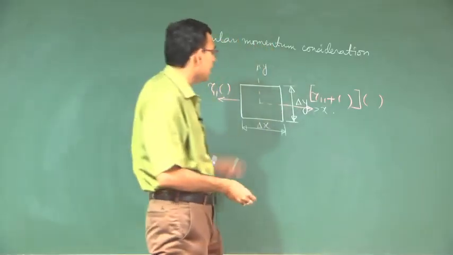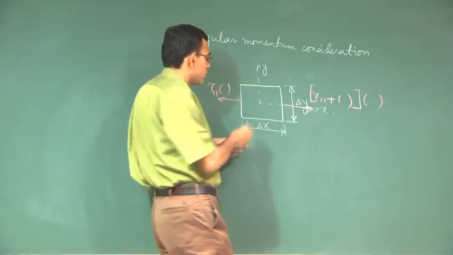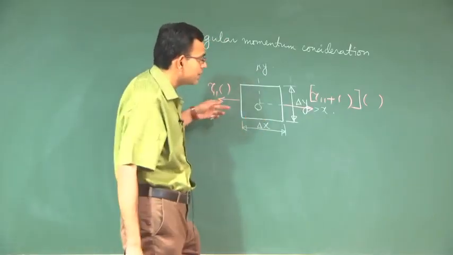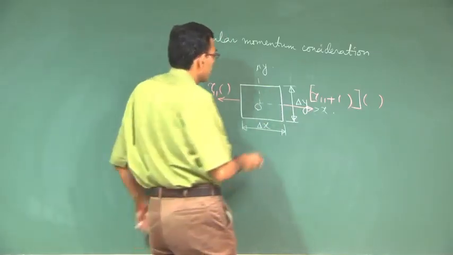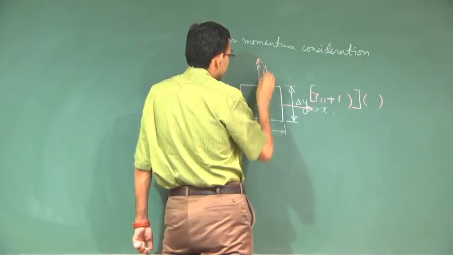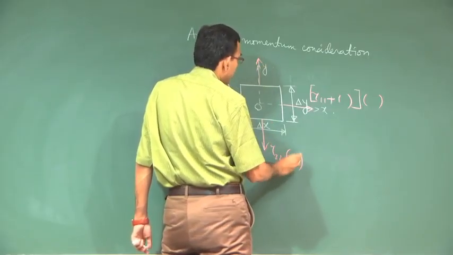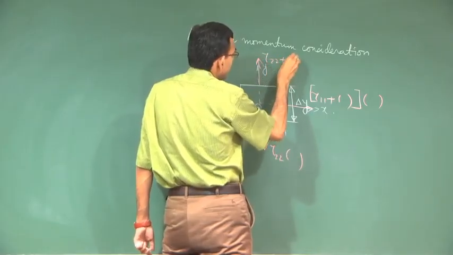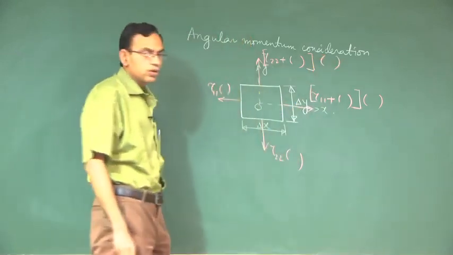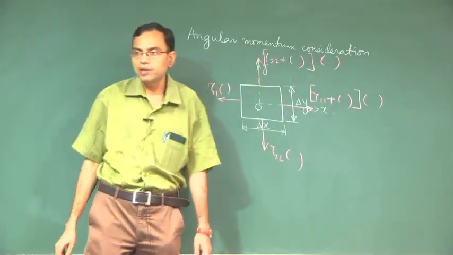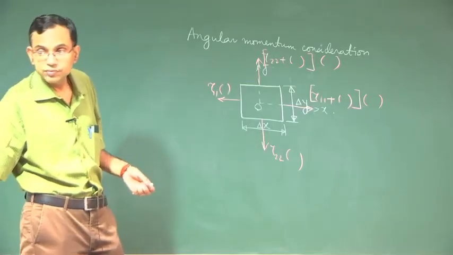I am not writing the details because our plan is to calculate the moment of all the forces with respect to this point O, and because these forces themselves pass through O, they will not have any moment. Similarly, here you have tau 22 into area, and here tau 22 plus some change in tau 22 into area. So, the normal stresses are not giving rise to any moment with respect to O, but shear stresses will.